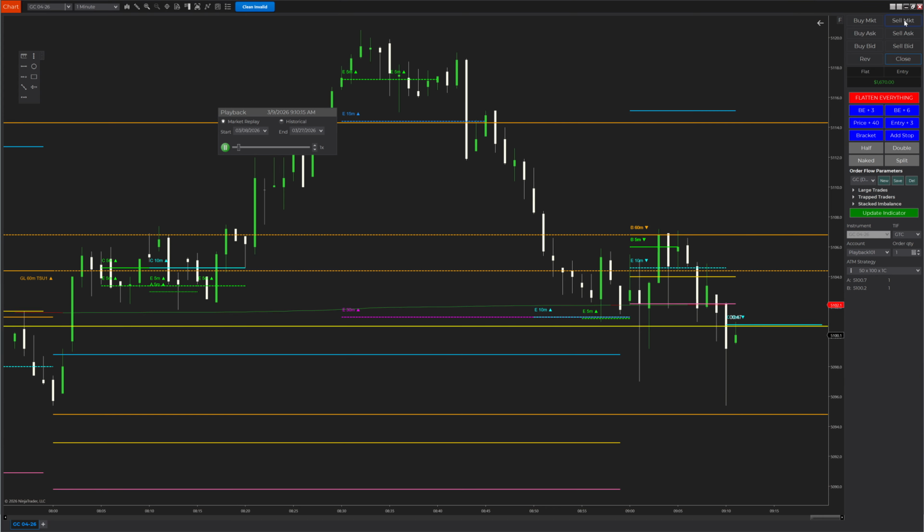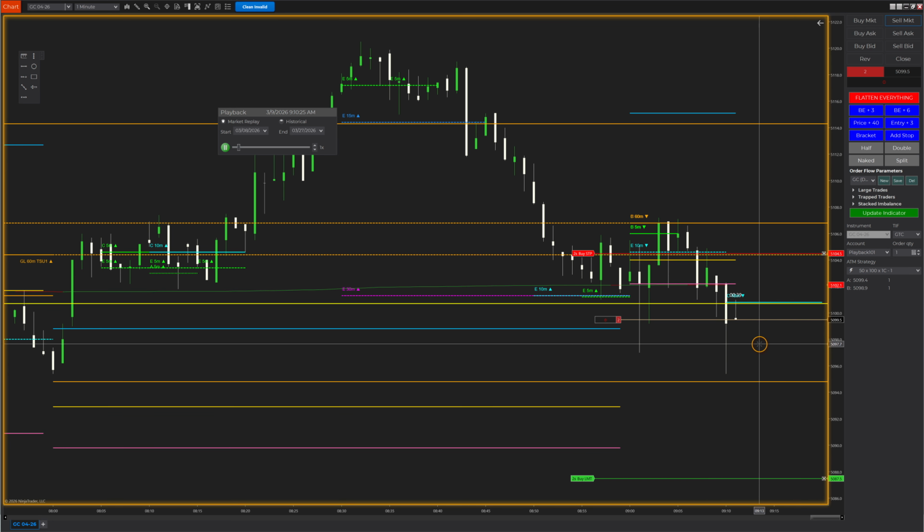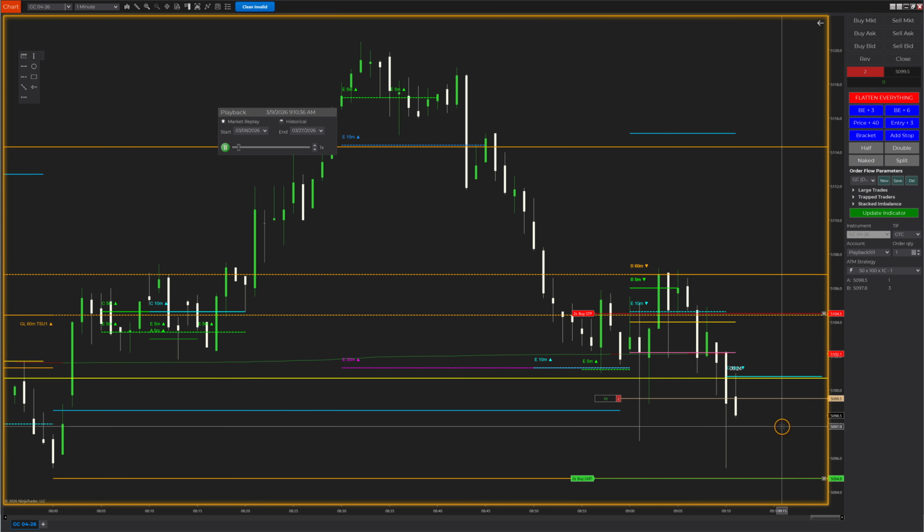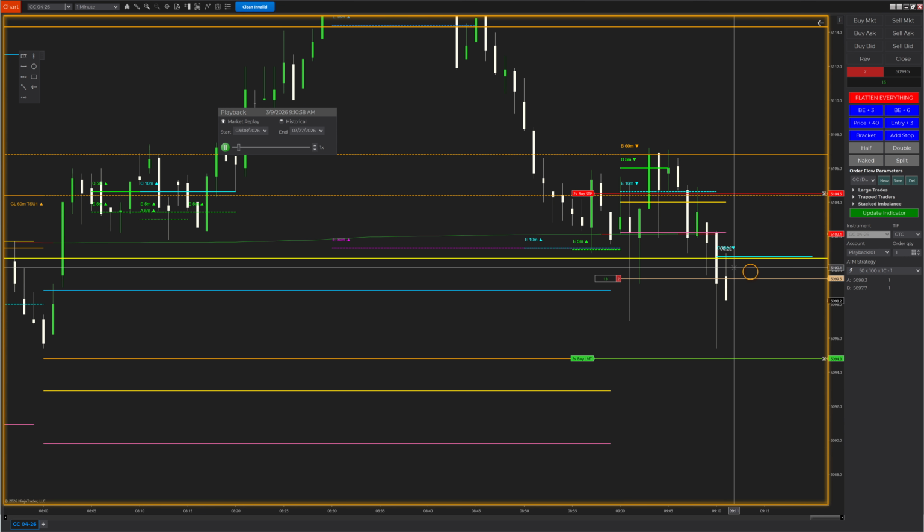I like these. Put this back there. I like these where we get this quick wick right on the side. Let's see what happens here.